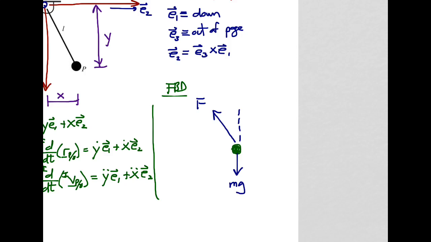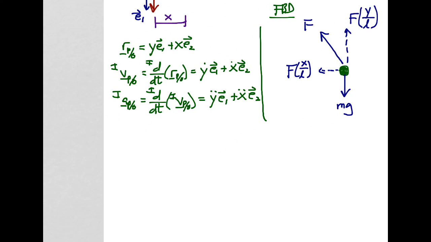So those components, because we're working on the Cartesian basis, is this ratio y over L, and then pointing to the left, F with the ratio x over L.